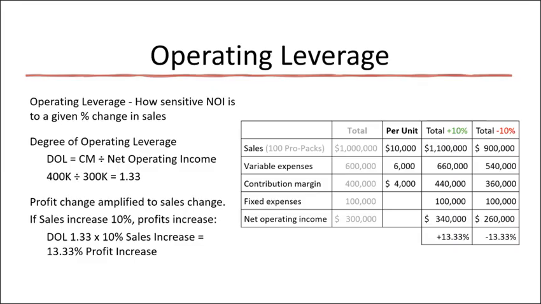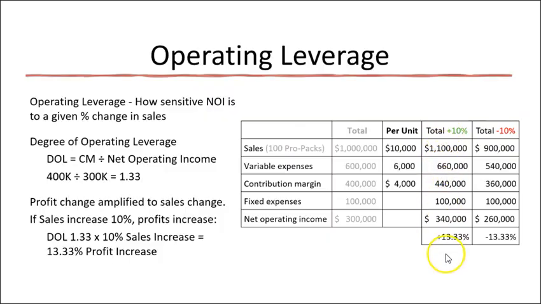Recall AmpliSoft's CM income statement. Now calculate the degree of operating leverage. $400,000 in contribution margin divided by $300,000 in net income leads to a degree of operating leverage of 1.33. So if sales go up 10% from 100 packs to 110 packs, what will the total impact be on net income?